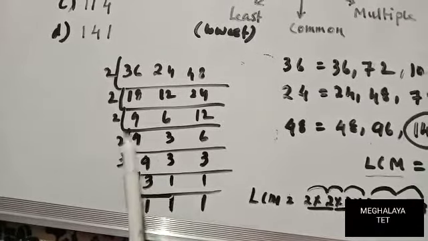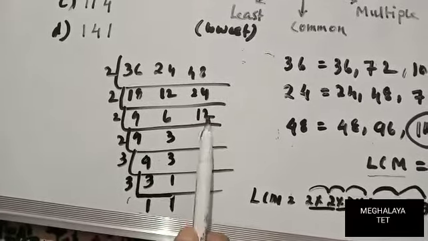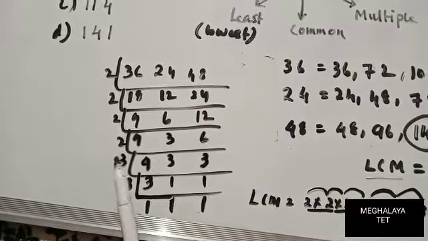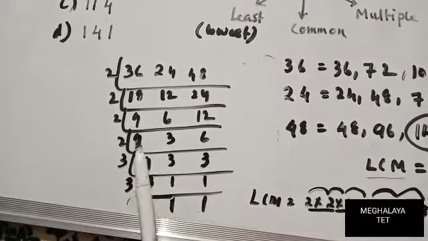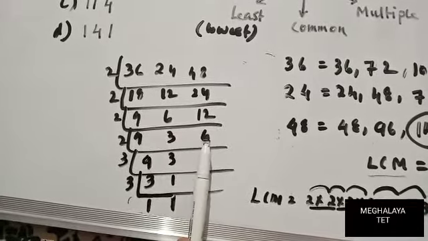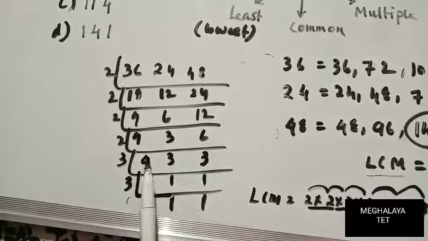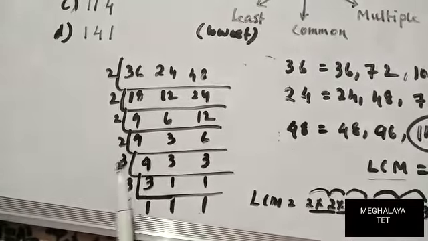Dividing by 2, 6 gives 3 and 12 gives 6. Again we can divide by 2, keeping 9 as it is: 9, 3, 6 divided by 2 gives 3. Now we cannot divide these three numbers by 2, so we try 3.